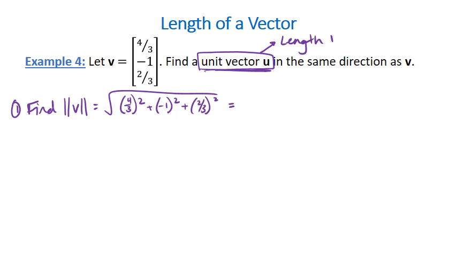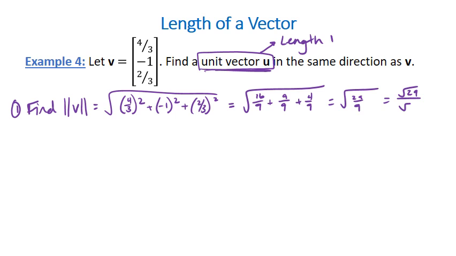Squaring each of these, I have 16/9 plus, with a denominator of 9, instead of writing +1, I'll write it as +9/9, plus 4/9. I have a common denominator of 9. The sum of the numerators is 29. I can take the square root of the top over the square root of the bottom, and this results in a length of the square root of 29 thirds.